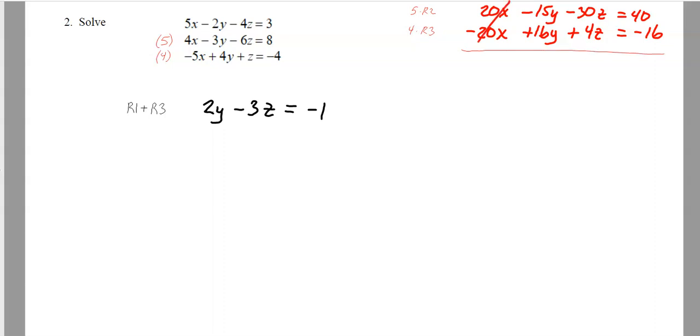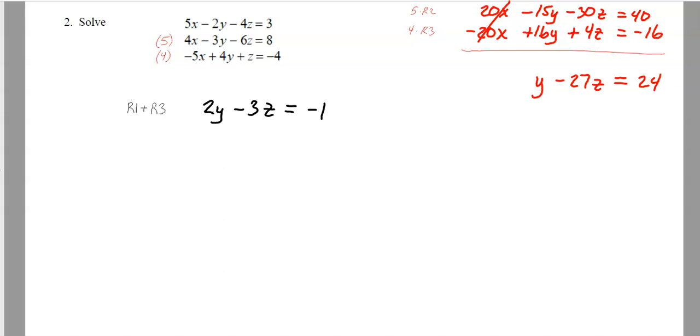Well, I eliminated x's, which was my goal. I got 1y minus 27z equal 24. Oh man, this seems kind of nasty, but I don't know. We'll see where we're at.